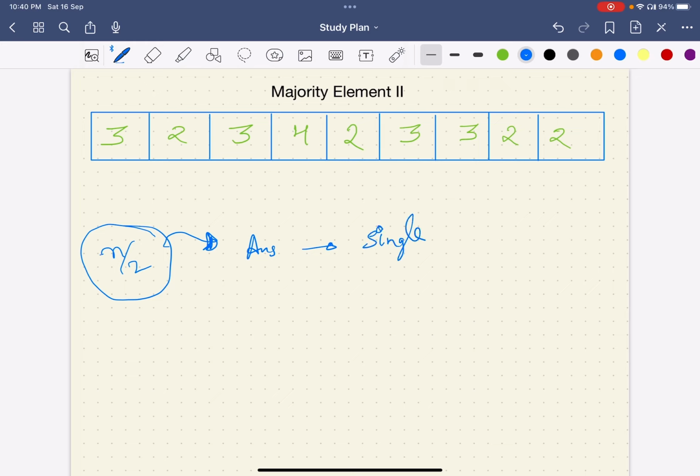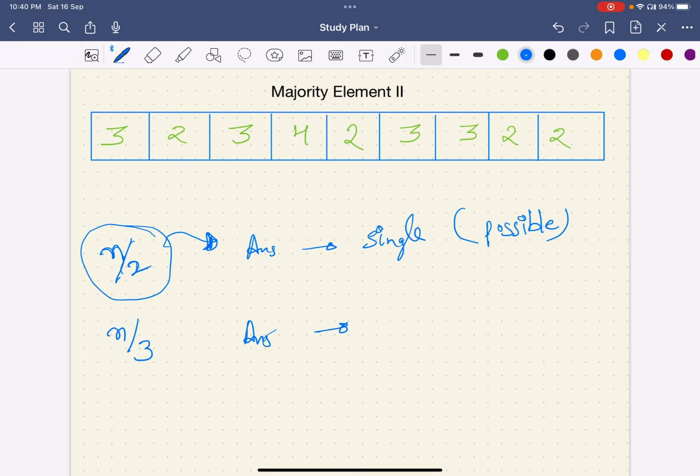Why? Because if anything is present more than n by 2 times, then there is no possibility of any other element being present, right? In the case of n by 3 times, it's not sure that there should be any answer or not.